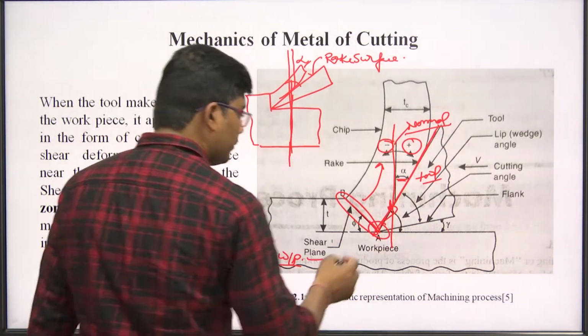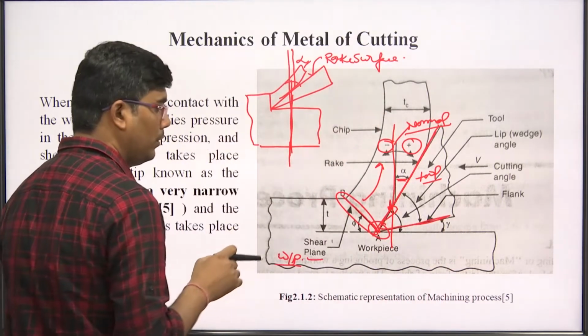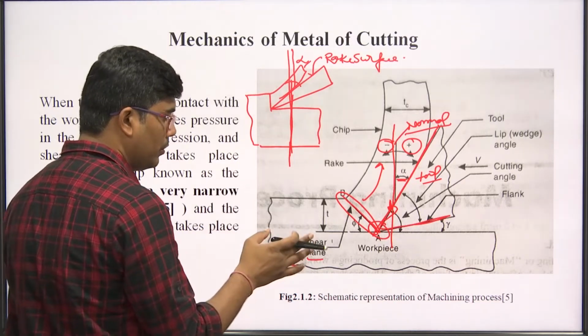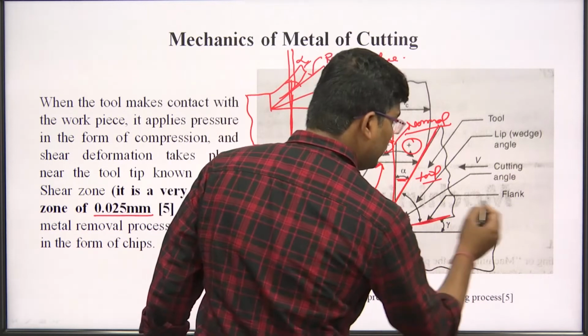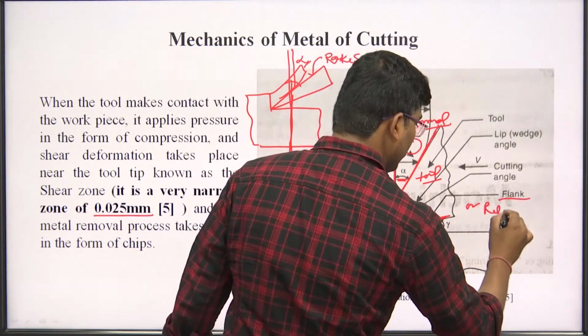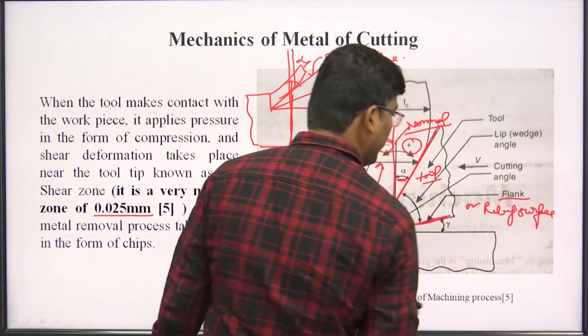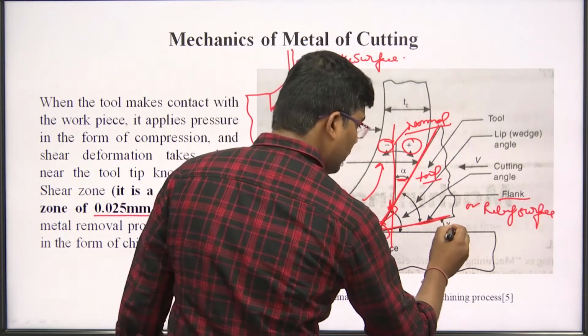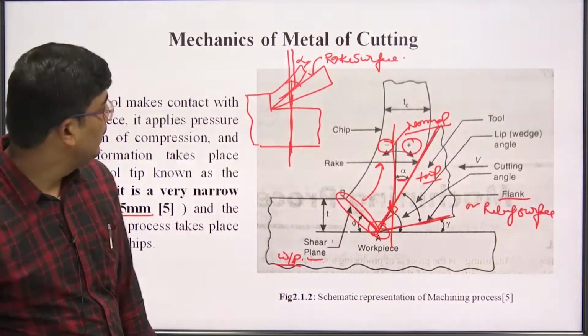ठीक है. The surface of the tool which does not make contact with the workpiece, this surface, is known as the flank or relief surface. And this is known as the relief angle.